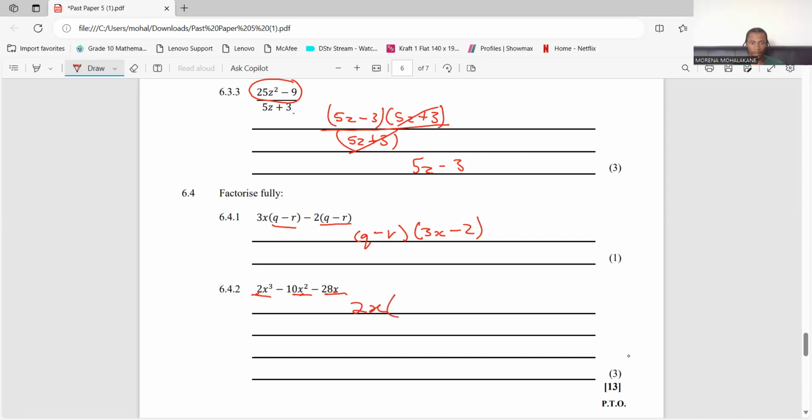So 2x cubed divided by 2x. This cancels, this cancels, then you have 1, so it's going to be x squared. Negative 10x squared divided by 2x. This is 5, right? Minus 5, then x cancels, then you have x.